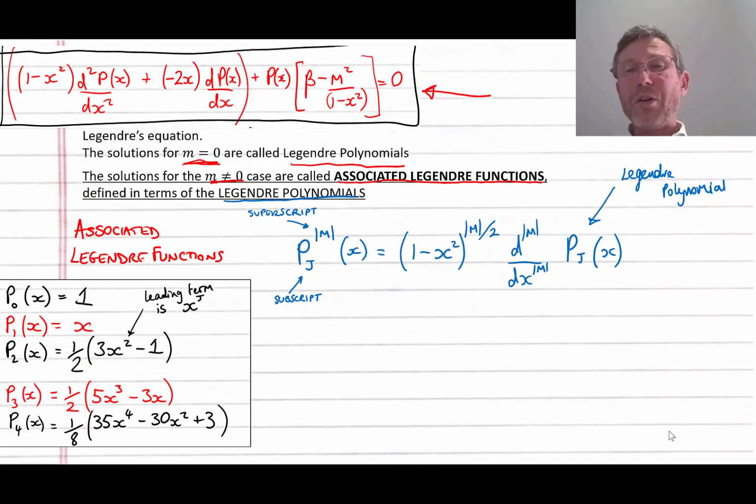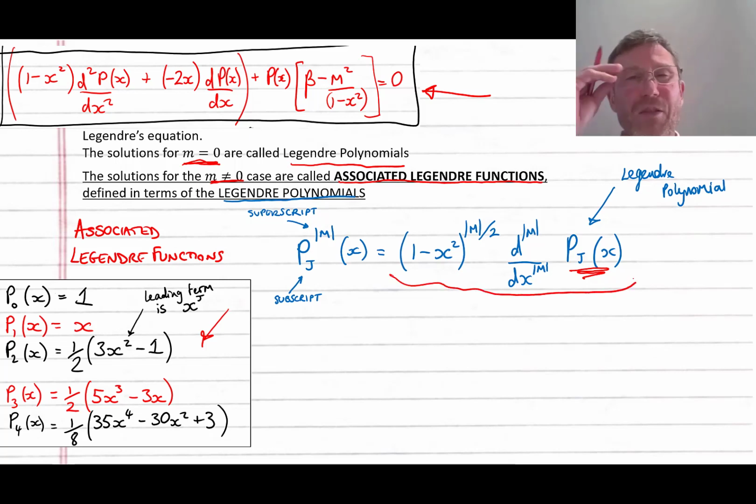Now I've pulled the Legendre polynomials from a prior slide, and they sit over here in the box on the left-hand side. Eventually we can write out the associated Legendre functions, because we have the formula.